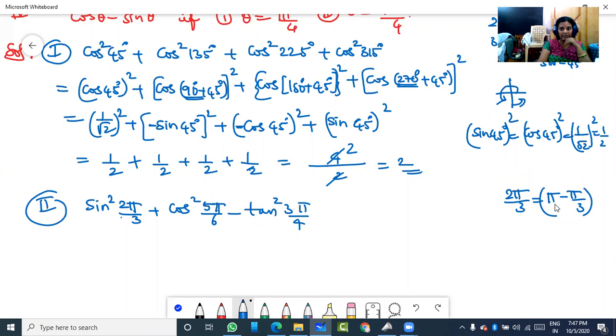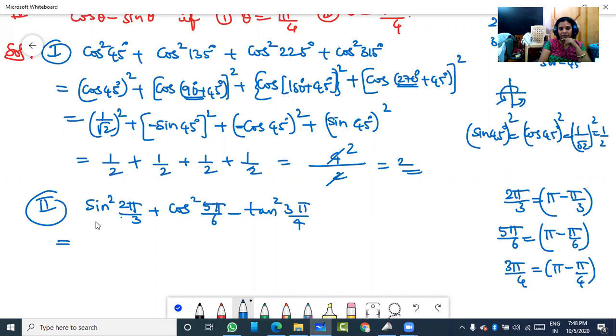Taking the LCM, 3 pi minus pi, 2 pi by 3. 5 pi by 6, pi minus pi by 6. Taking the LCM, 6 pi minus pi, 5 pi by 6. 3 pi by 4 is equal to pi minus pi by 4. 4 pi minus pi, 3 pi by 4. If you get an idea of this expression, then you can easily get the answer.